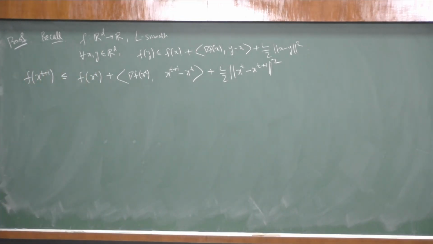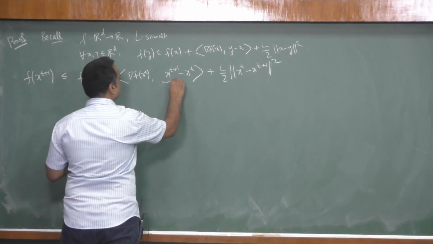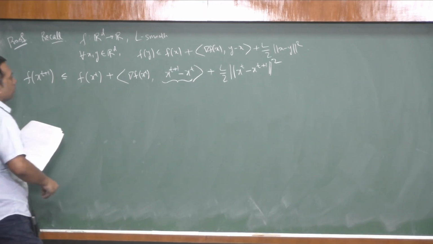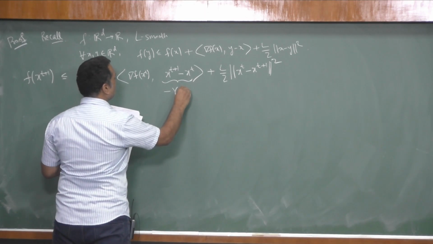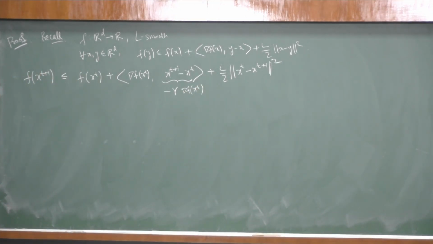So we started with L-smoothness, with y as x_{t+1} and x as x_t, and we apply gradient descent here. We will bring out the norm of grad f(x_t) squared, because x_{t+1} minus x_t according to gradient descent is minus gamma grad f(x_t). That's what we know, right? Because gradient descent is x_{t+1} equals x_t minus gamma grad f(x_t). So hence we can write that, and that will allow us to have the grad f(x_t) norm there.